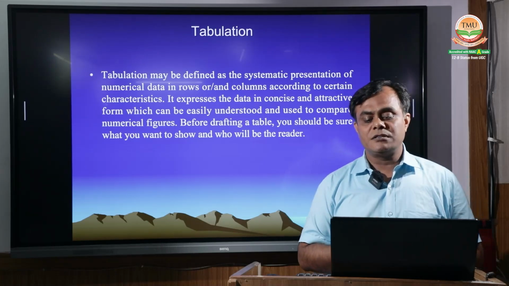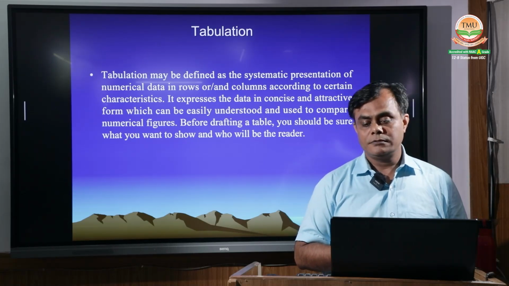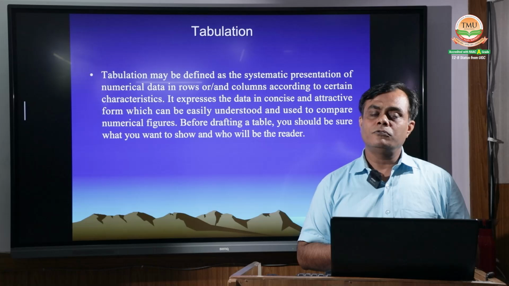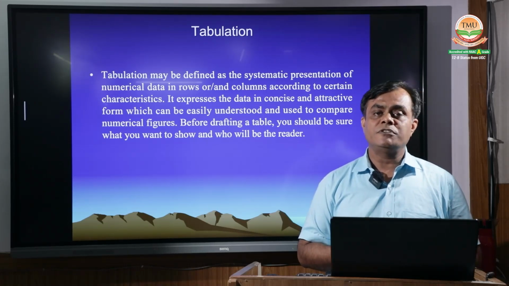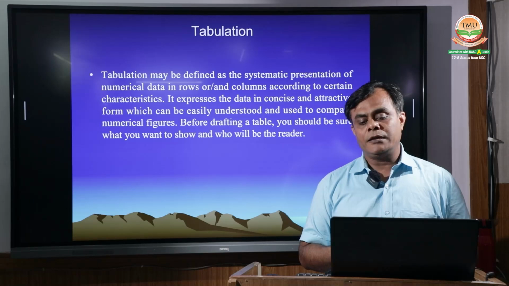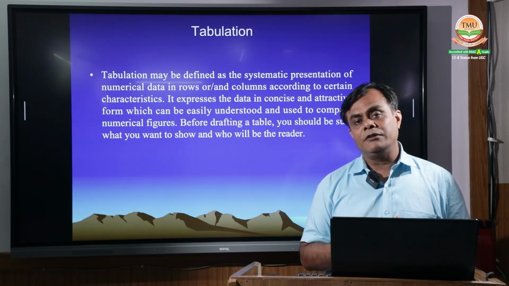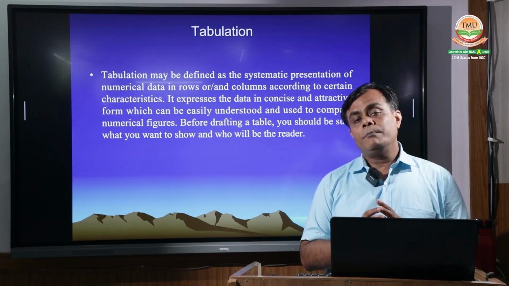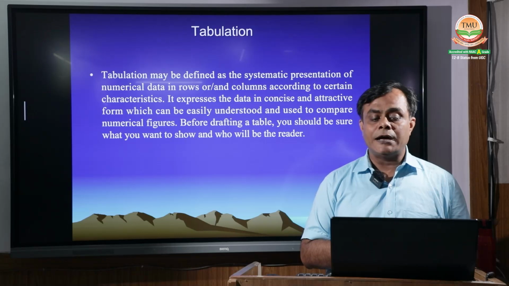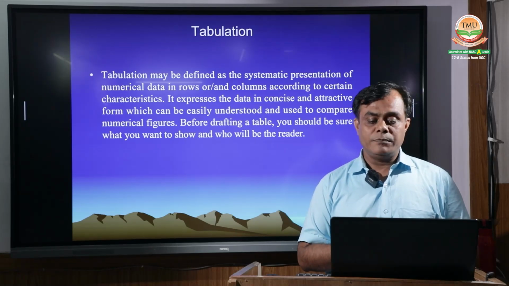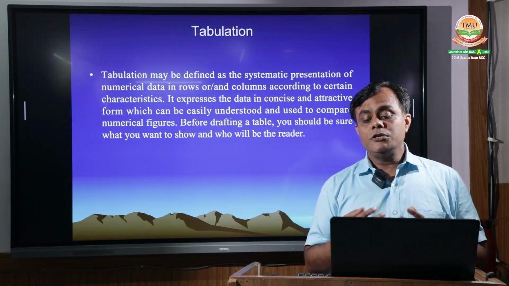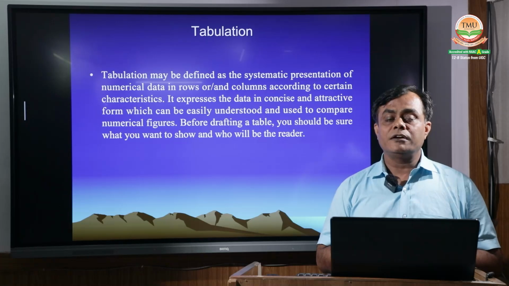So it expresses the data in a concise and attractive format. One advantage of using a tabular formation is that we can make the information concise and also attractive, which can be easily understood and used to compare numerical figures.